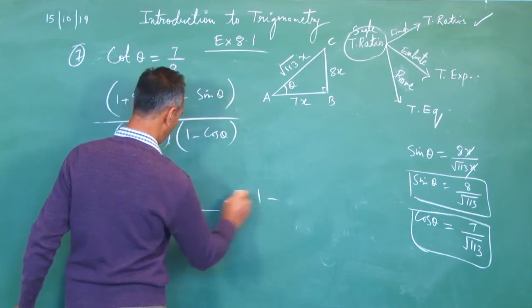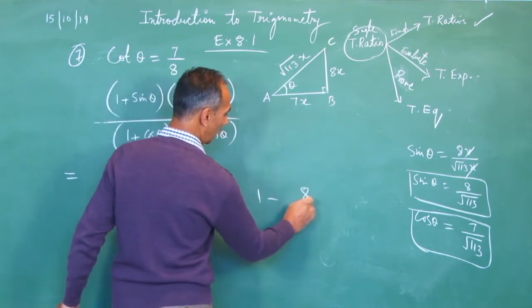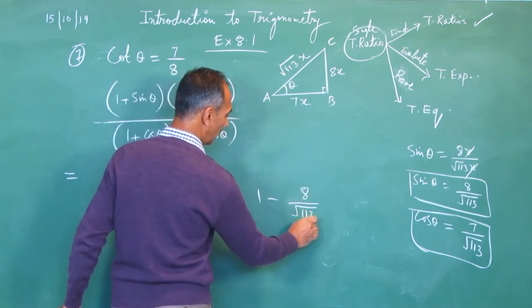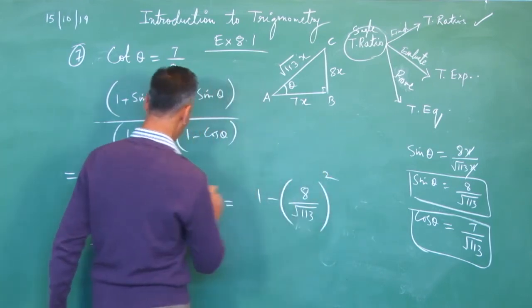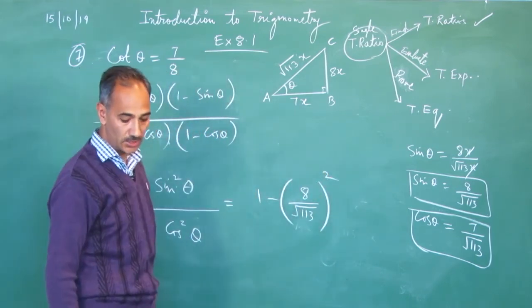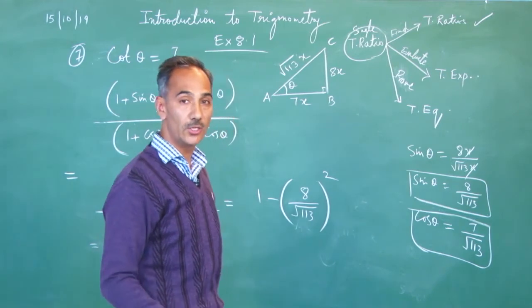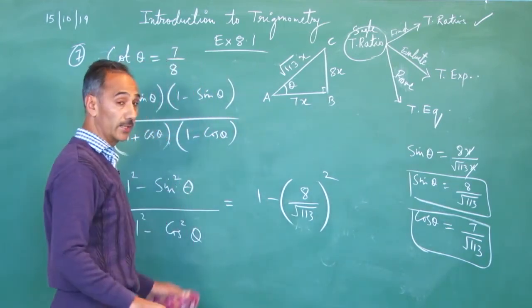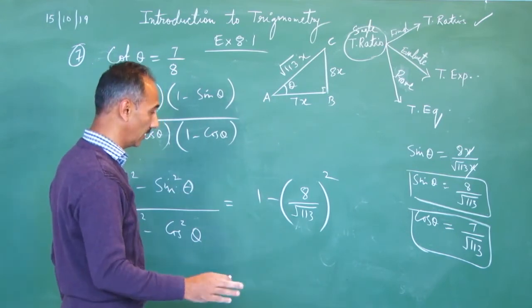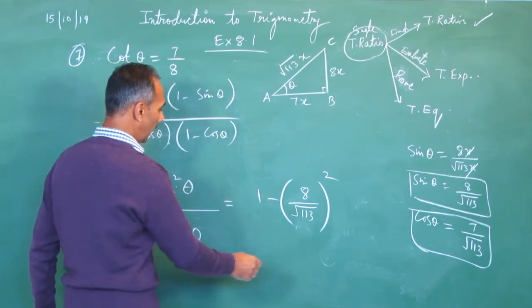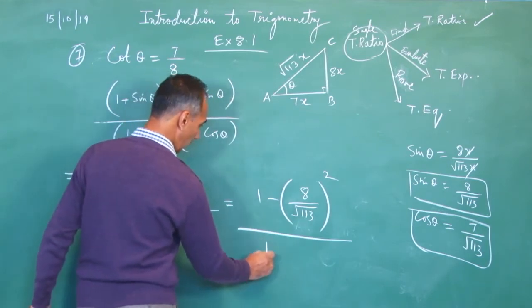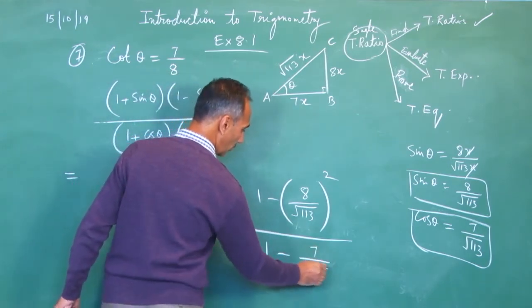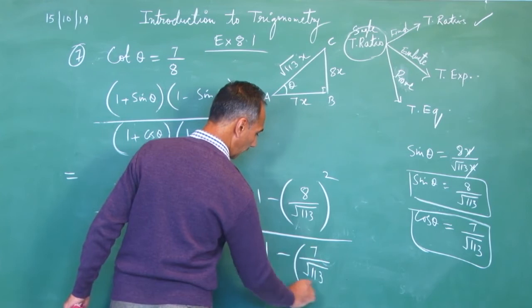Sine square theta means the square of the value of sine of theta; you don't square the angle, it's sine theta whole square. And in the denominator, this is 1 minus cos of theta, which is 7 by square root of 113, squared.